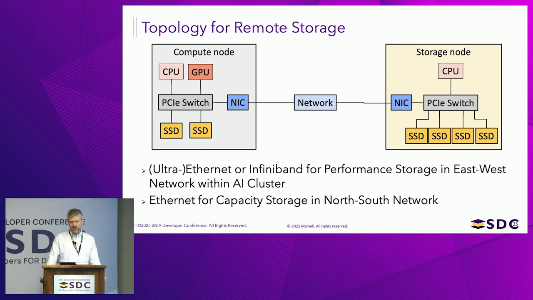And then on the storage node side, you would typically also have a NIC and a CPU for all the storage-related stacks, and a PCIe switch then that connects them to multiple SSDs. So you would typically use Ethernet, Ultra Ethernet, or InfiniBand for the performance storage tier in a so-called east-west network within an AI cluster, and then more traditional Ethernet for the capacity storage tier in a north-south network.